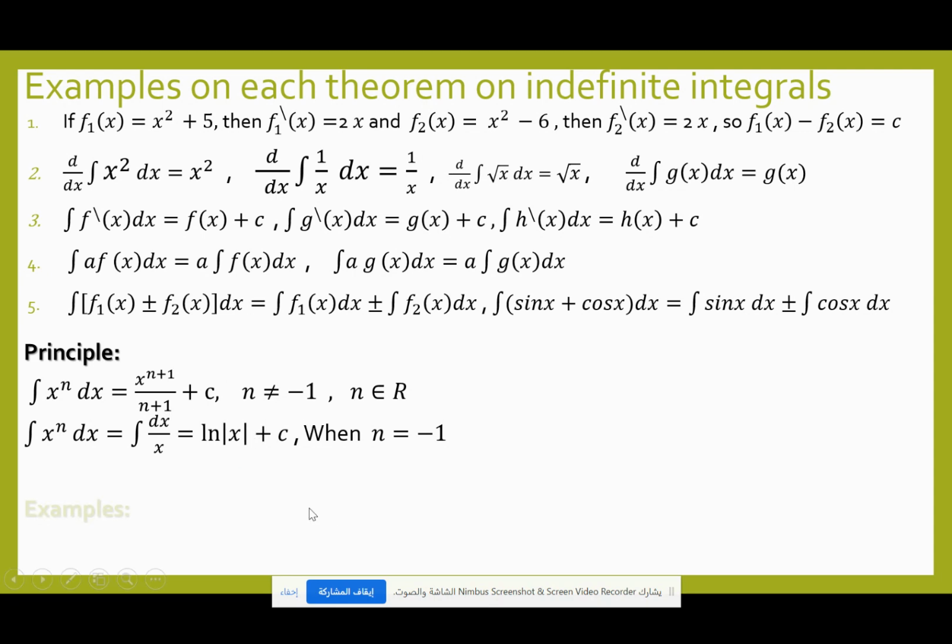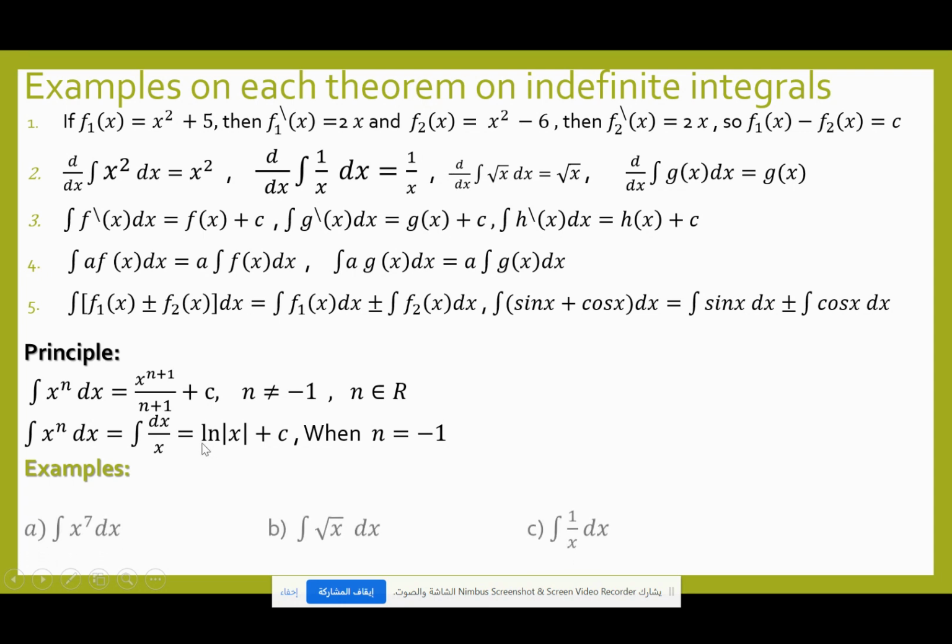So here ln of the absolute value of x should be defined for positive values. So you have to write this absolute value, plus c, where n equals negative 1. That happens in this special case. Don't write log here, just write ln.